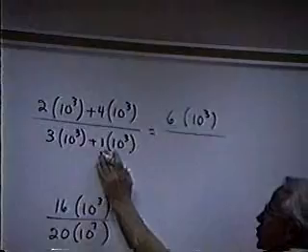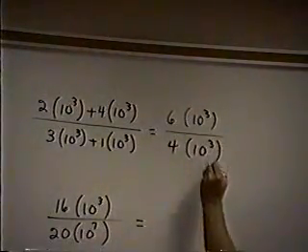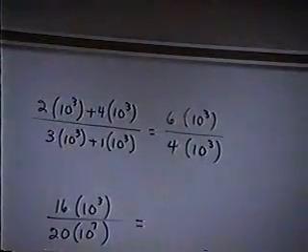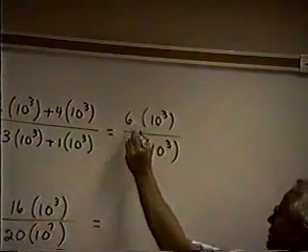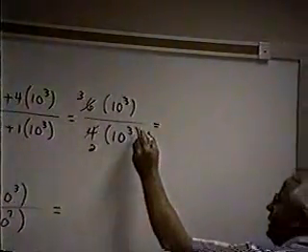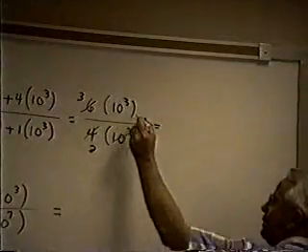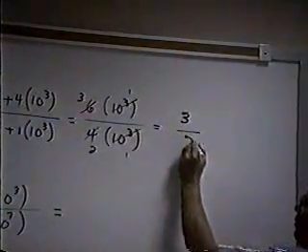That's 3 of these and 1 of these, so when we add, we get a 4 of those. Well, let's see, we can divide 2 into this, it'll go 2 times. 2 will go into this 3 times. And 10 to the 3rd will go into this 1 time. And 10 to the 3rd will go into this 1 time. So we have 3 over 2.